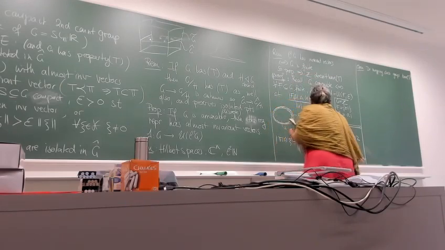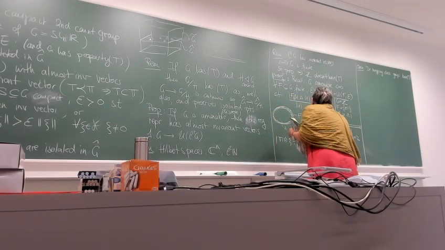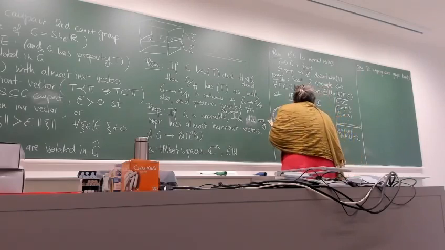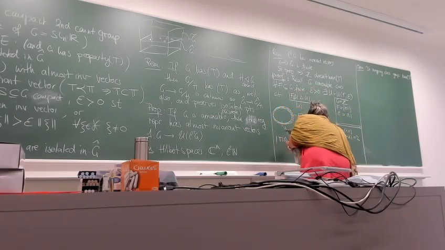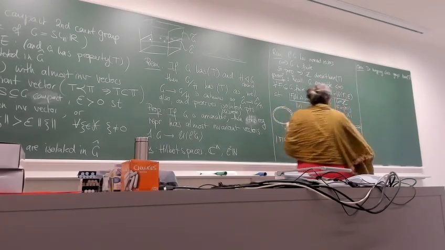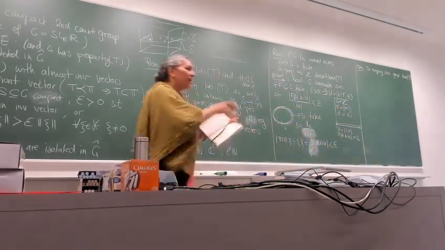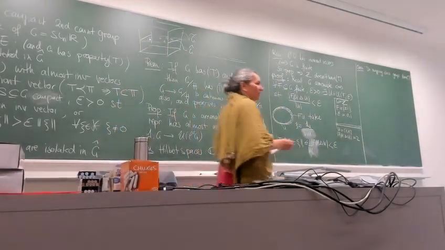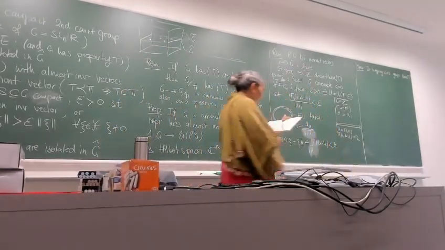No, I guess I should have left it. Okay, sorry. And you have this 1 over u that comes out, and this is less than epsilon. Okay, so your vector is small, right?